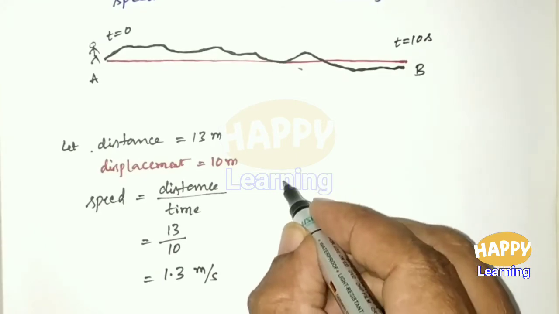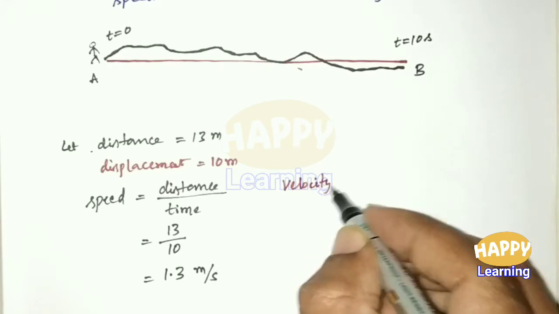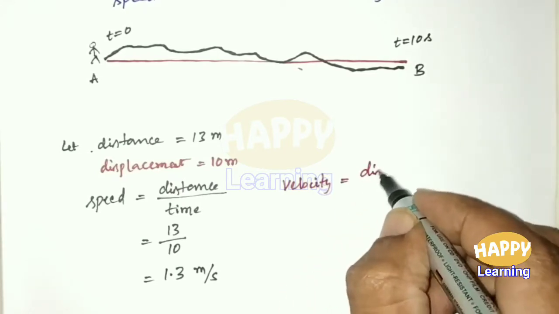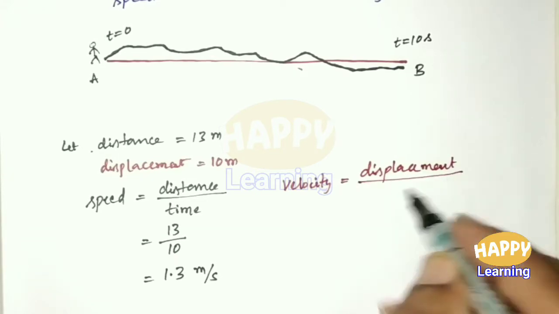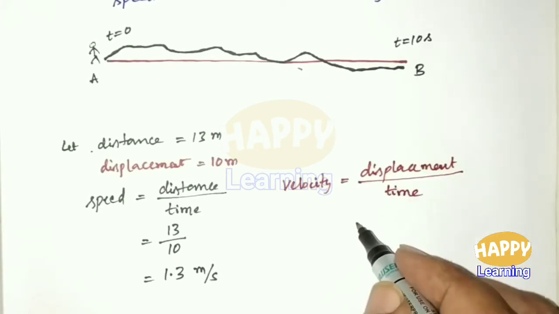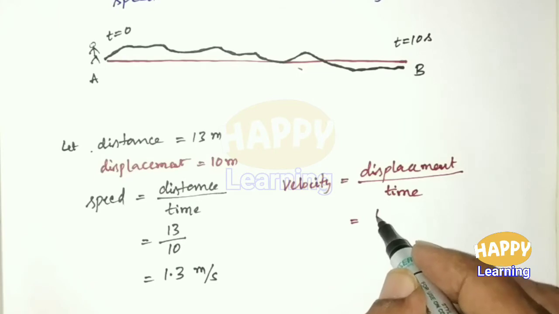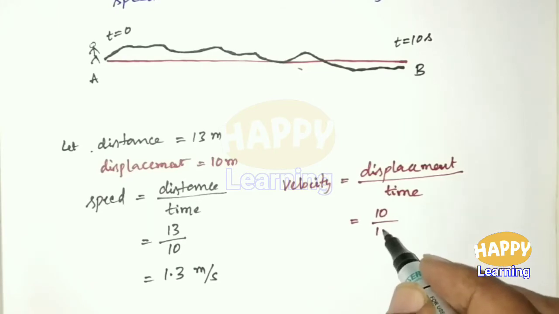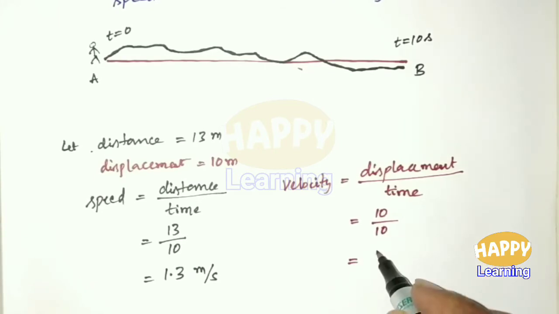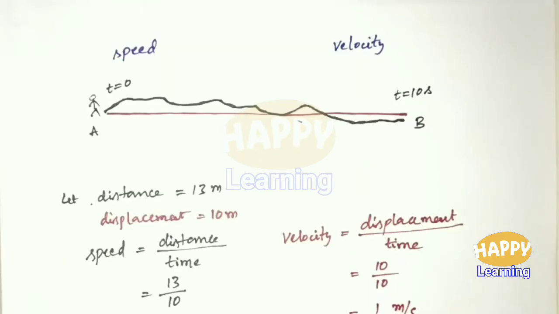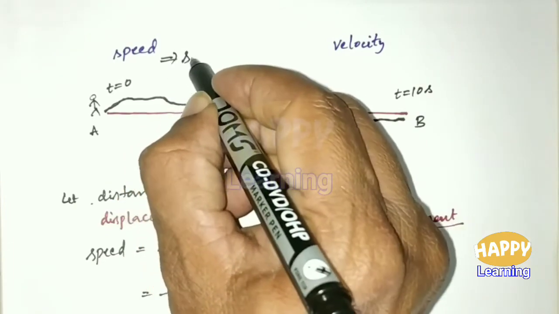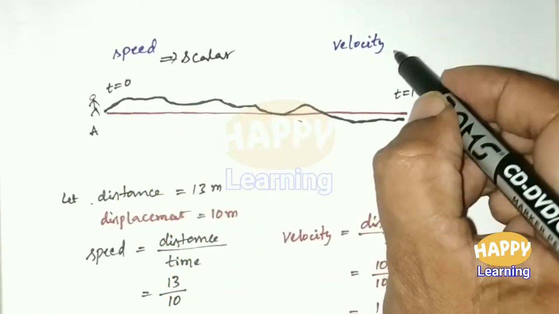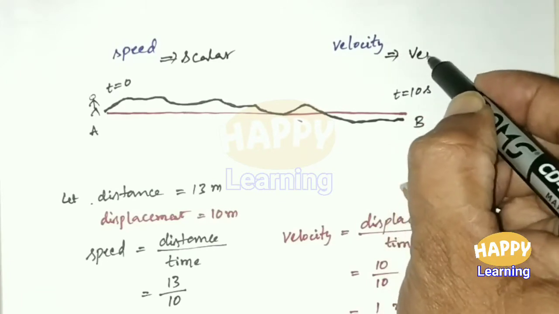Whereas velocity is equal to displacement by time. That is equal to 10 by 10, that is equal to 1 meter per second. We know that speed is a scalar and velocity is a vector.